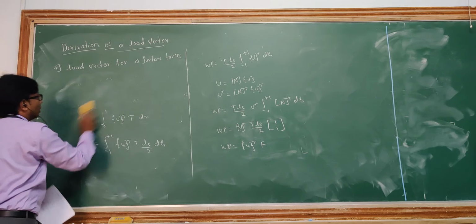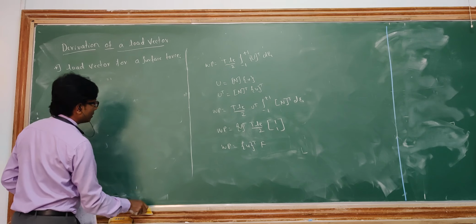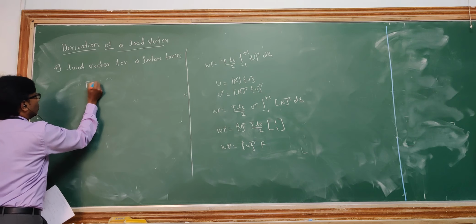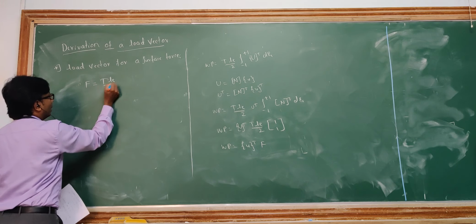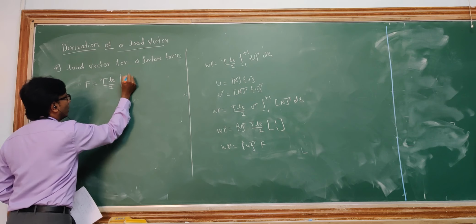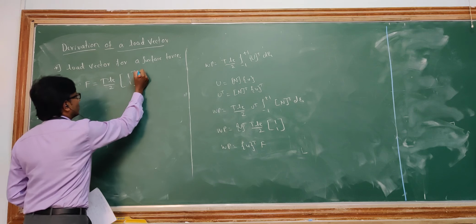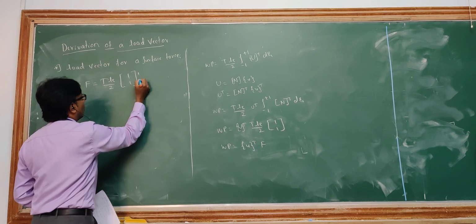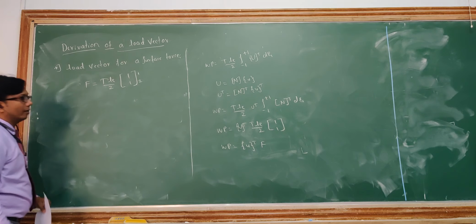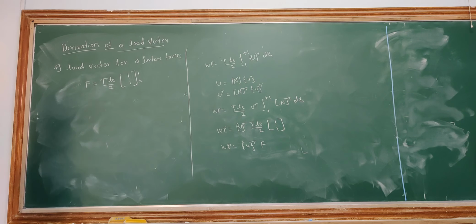So the nodal force is given as F is equal to T LE by 2 times 1 1. So one load has to be applied on the first node and one more load has to be applied on the second, wherever the UDL load or some traction force is acting. Okay, so same thing happens.